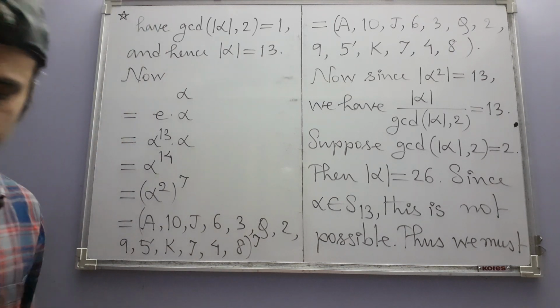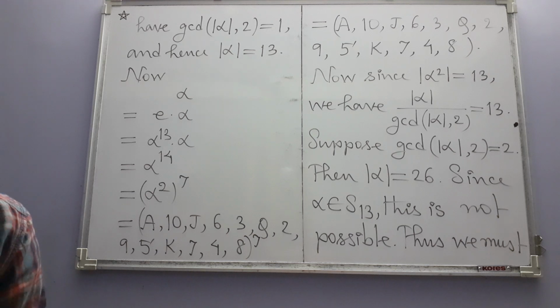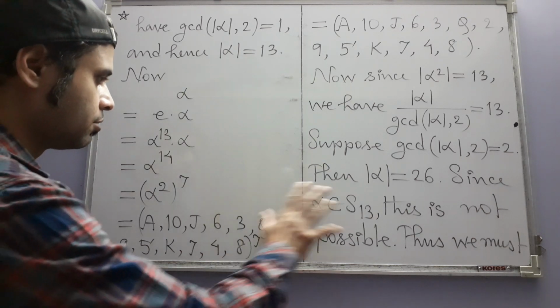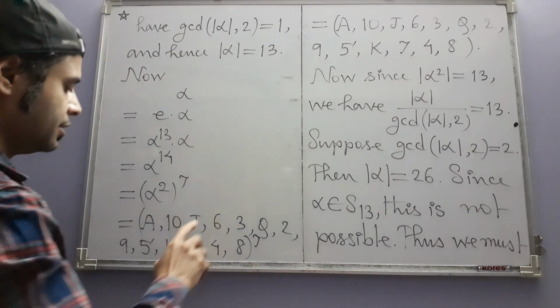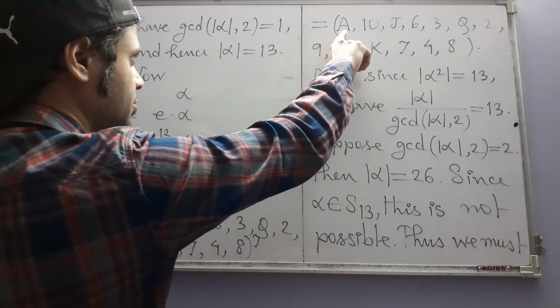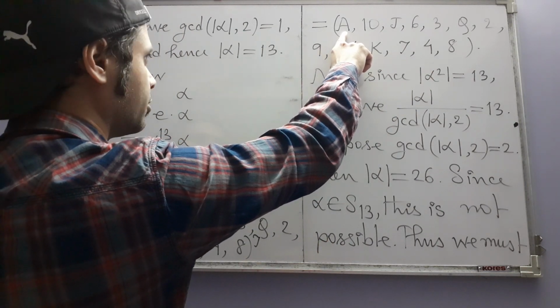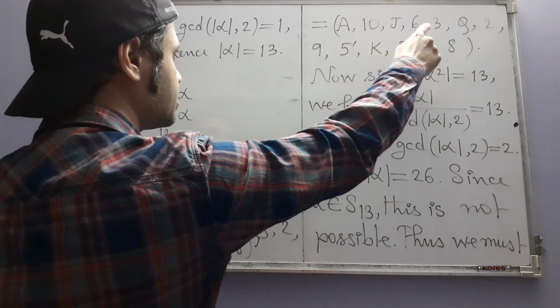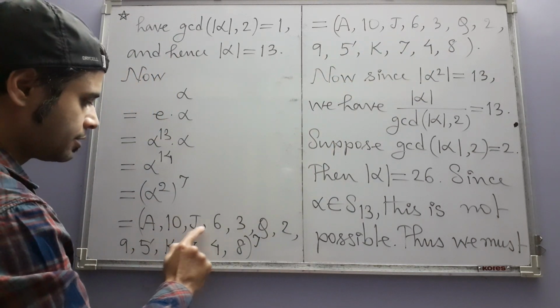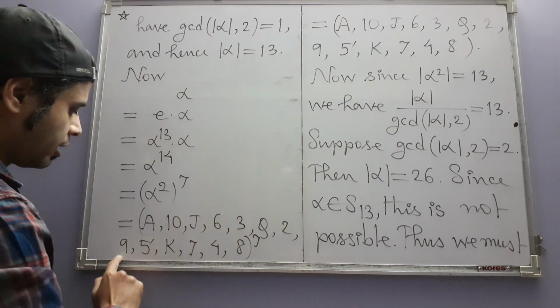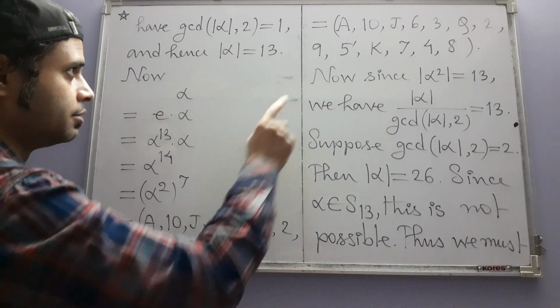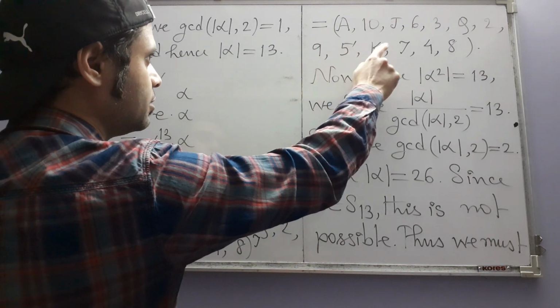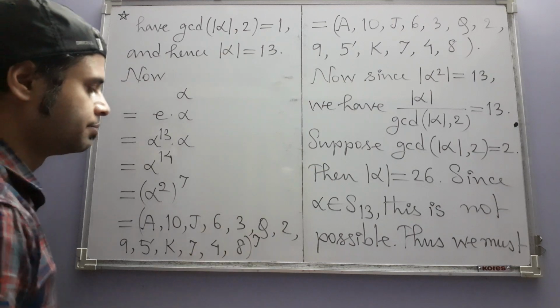So at first it may seem like this is going to be big, but it's not. You see, we can calculate it like this. But before I get rid of this part, let me see if I have written it down correctly or not. A 10 J 6 3 Q, 2 9 5 King, 7 4 8. Okay.